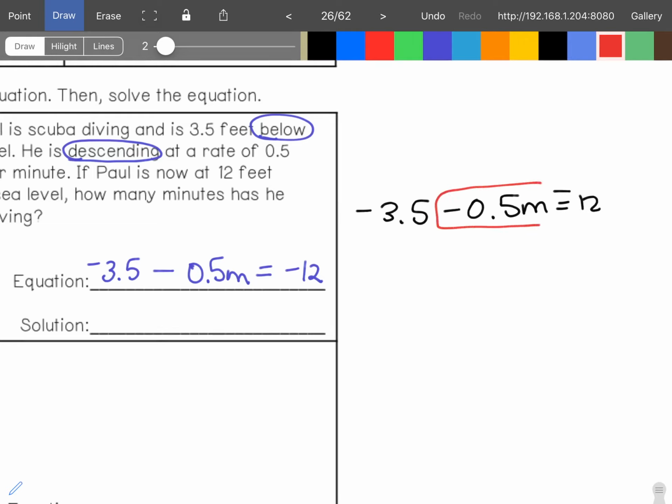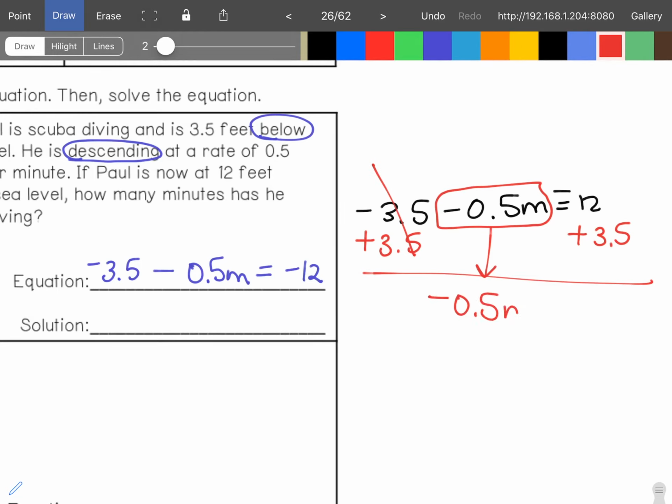I'm going to box in the term with the variable, save it for last. I'm going to get rid of this negative 3.5 out front by adding 3.5 because I know that will make 0, and then I have to go to the other side and add 3.5 to that negative 12. So this will cancel, and I'll bring down my negative 0.5 m equals a negative 12 plus 3.5, is going to be what?